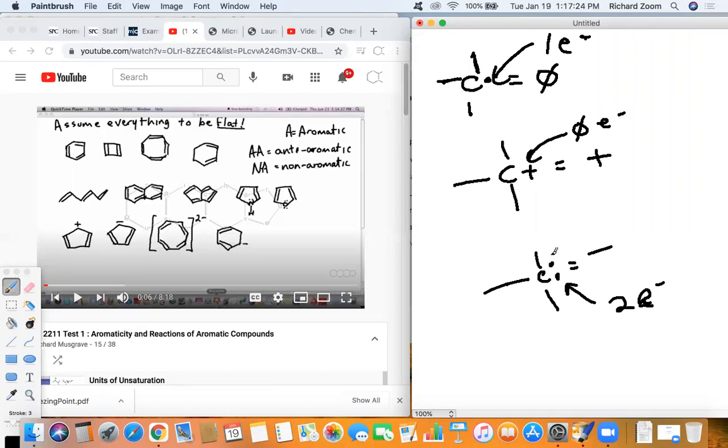Anna, do you want to ask a question? I'm not sure. All right. Okay. So, Julie, does that answer your question? Yeah, I guess. About counting the electrons, I mean? That the plus would be 0 electrons and the minus would be 2 electrons on that carbon?